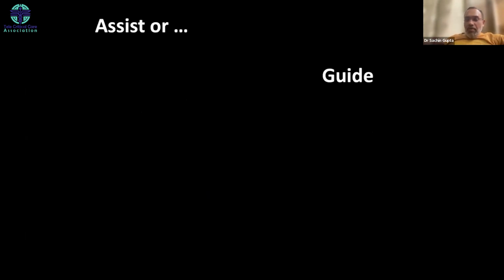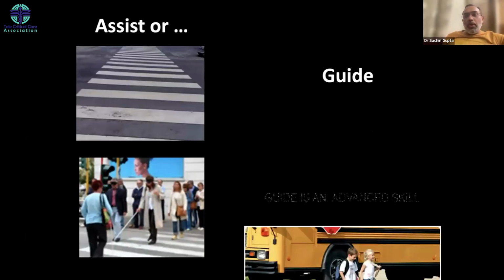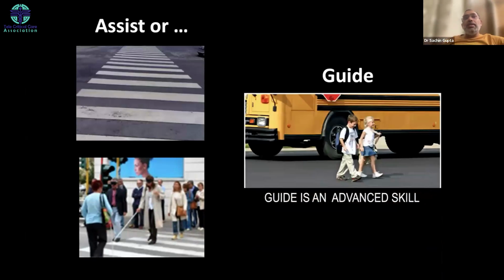So we have to understand what we mean by assistance and what we mean by guidance. Whenever we talk about any procedure, assistance means you are just going through it, and guidance means somebody is hand holding you and taking you through the entire journey of that procedure. So guidance is an advanced skill, and it's a skill which we always use when we are doing any ultrasound guided procedure.